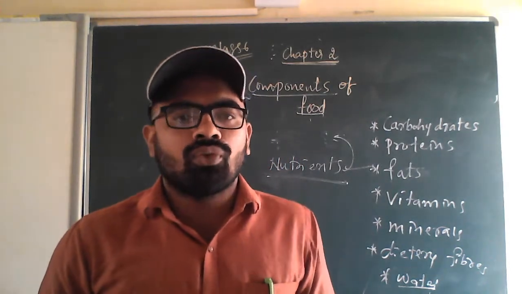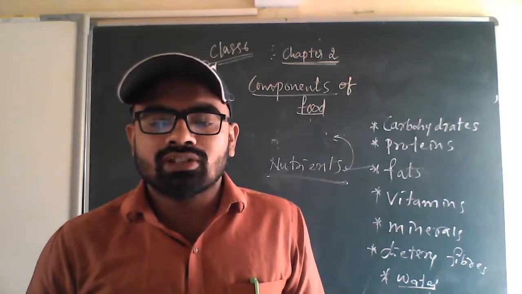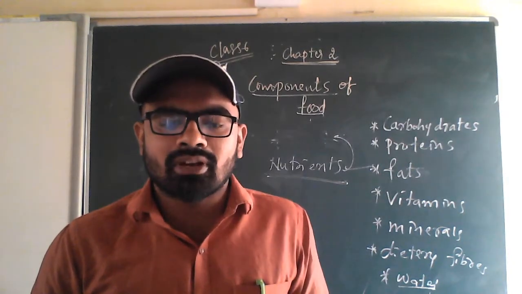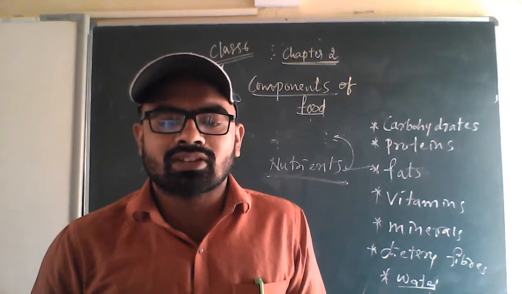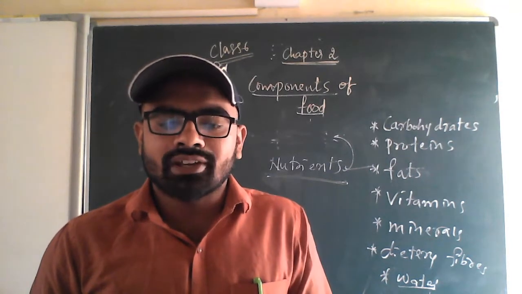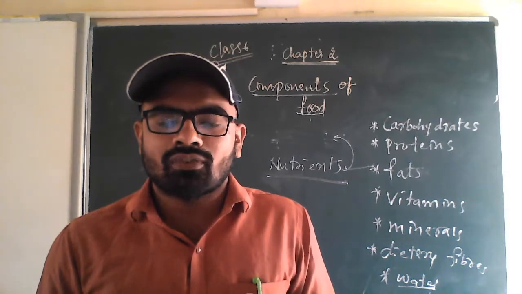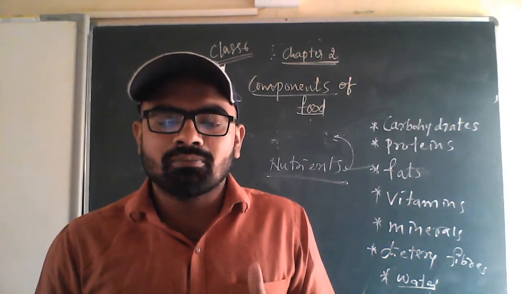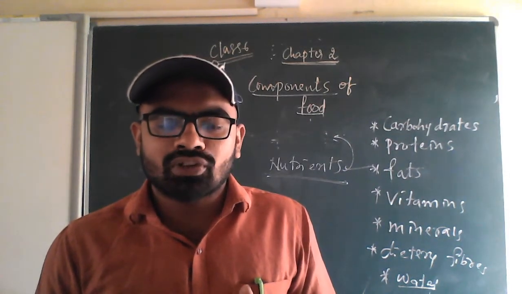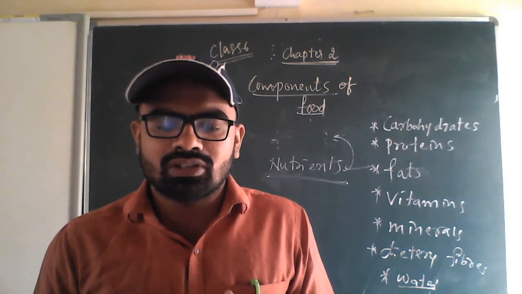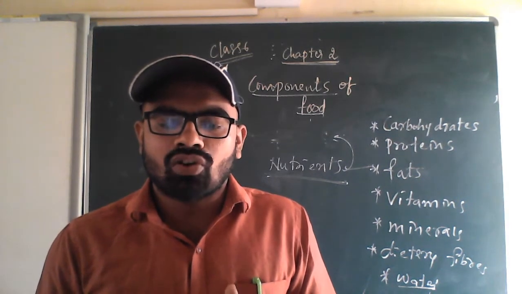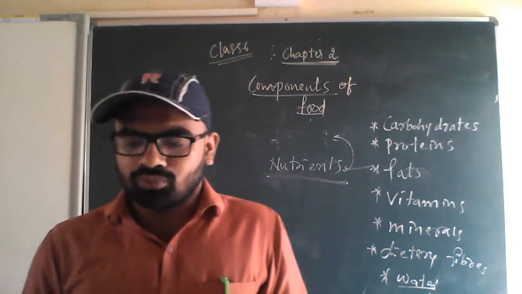Do all foods contain all these nutrients? With some simple methods we can test whether cooked food or a raw ingredient contains one or more of these nutrients. The tests for the presence of carbohydrates, proteins and fats are simpler to do as compared to the tests for other nutrients. Let us do these tests and record all our observations in table 2.2.